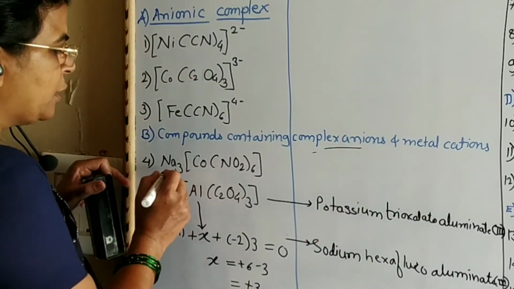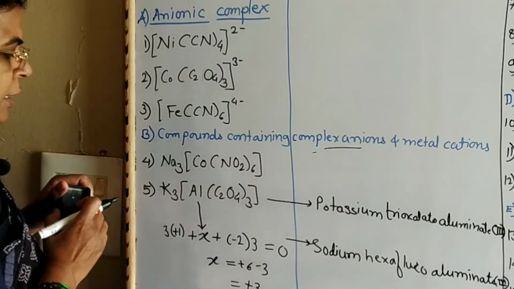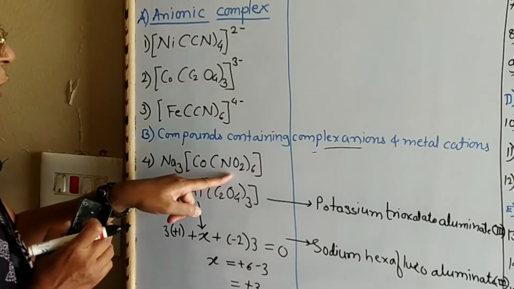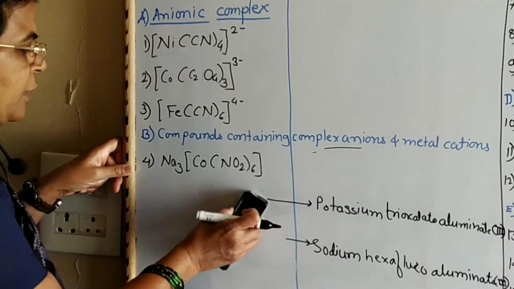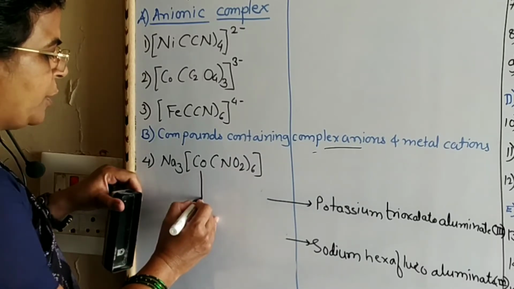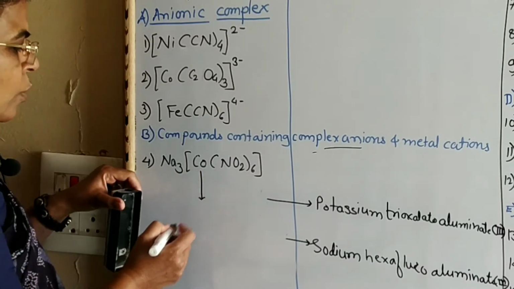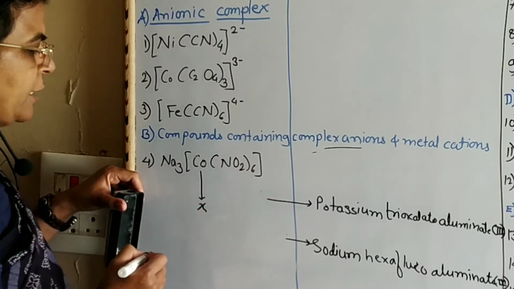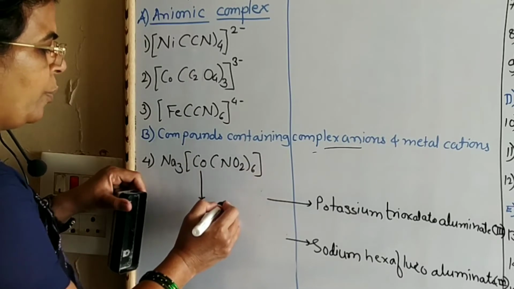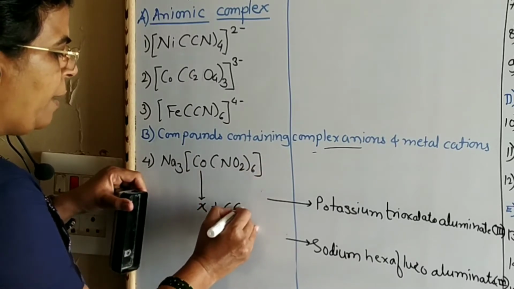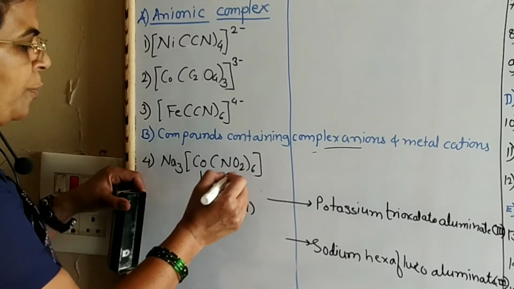Now we are going to see the next example, Na3[Co(NO2)6]. First calculate the oxidation state of the central metal ion, that is Co. Consider this oxidation state as X. There are 6 NO2 groups, therefore 6 multiplied by -1, as the charge on the NO2 group is -1.